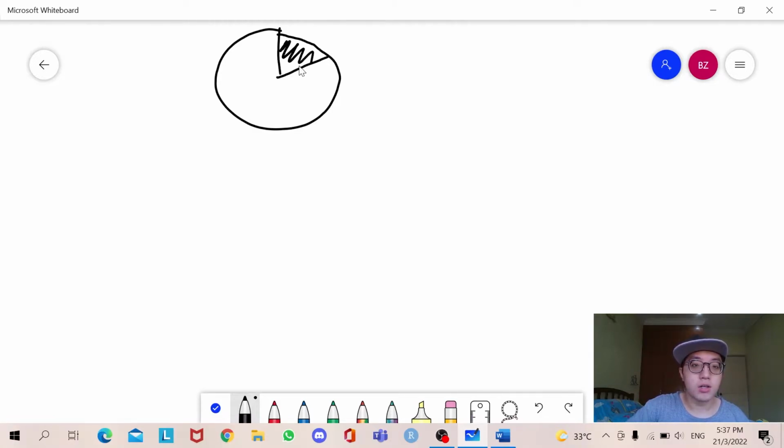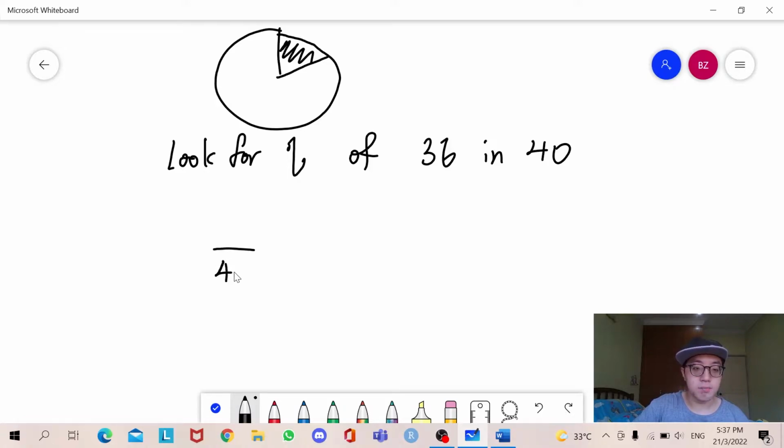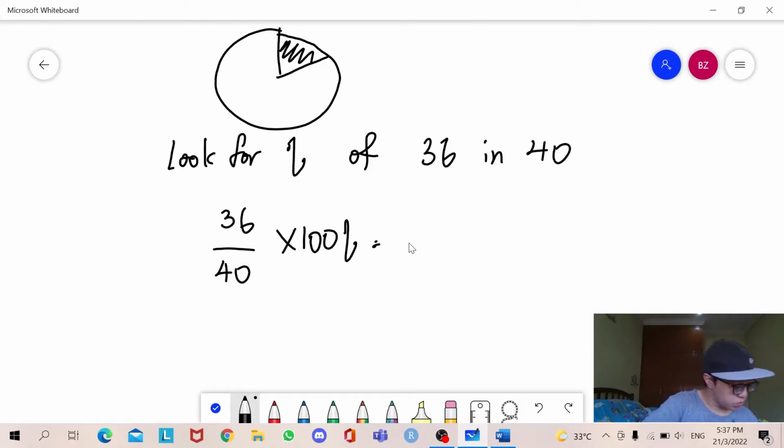So if we are to look for the percentage of 36 in 40, right? So what we will do is 40 is the big number and we are looking for 36, and we will multiply this with 100%, and this will give us 90%.